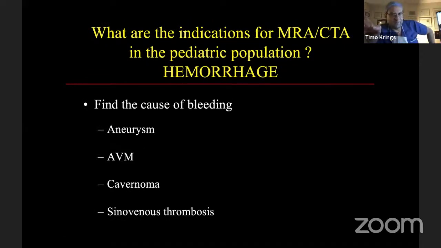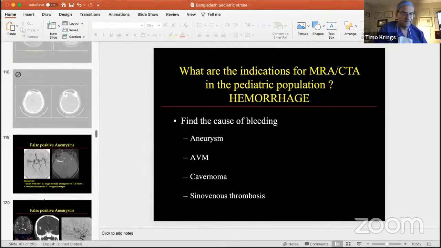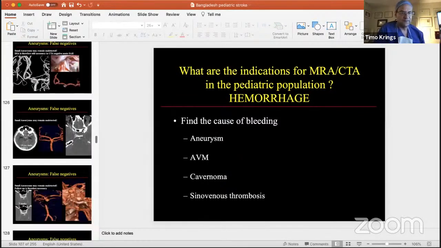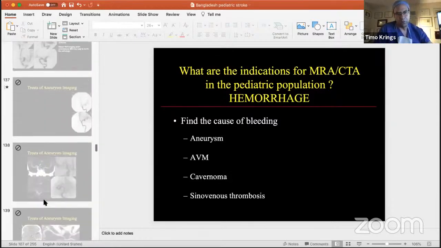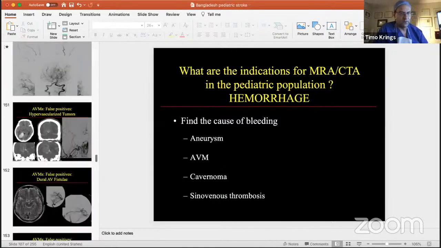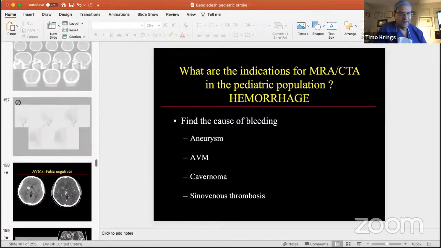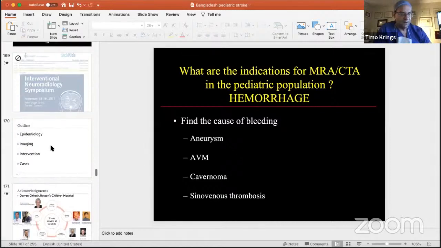For the sake of time, and because our main topic is actually ischemic stroke, I will skip the hemorrhagic stroke component of this talk, as this is going too deep, and we can do it in another session if you are interested to hear about pediatric vascular malformation or pediatric aneurysm, as this is, as you can see here, a very wide field.